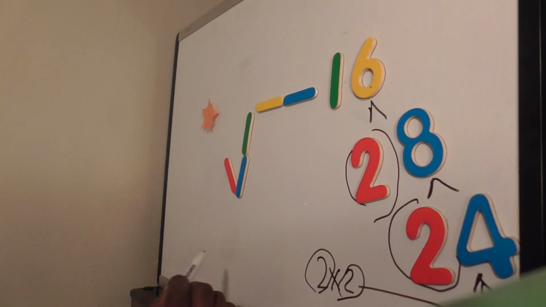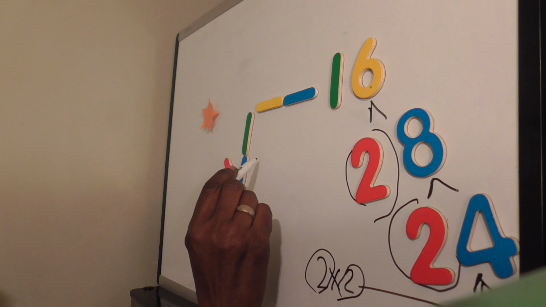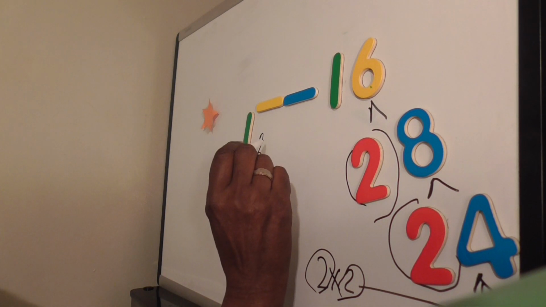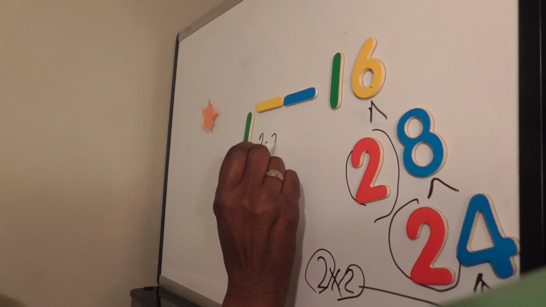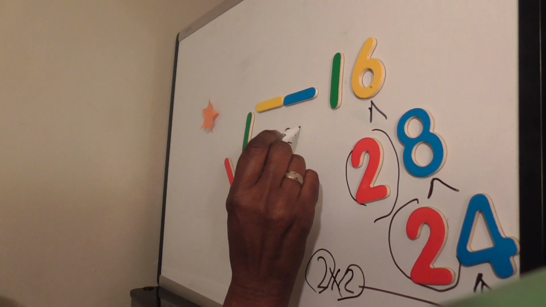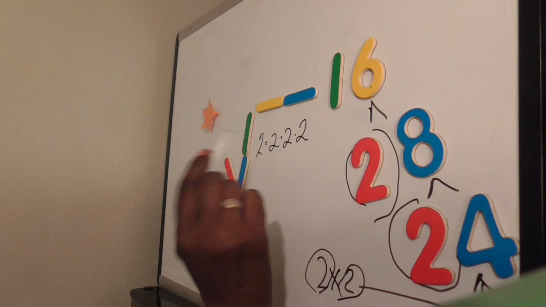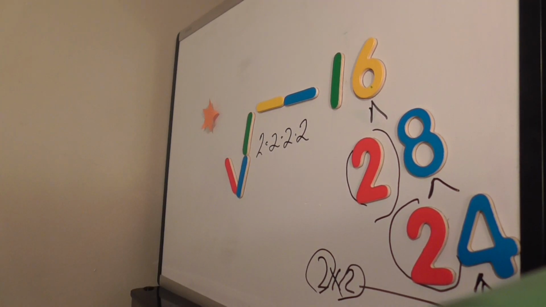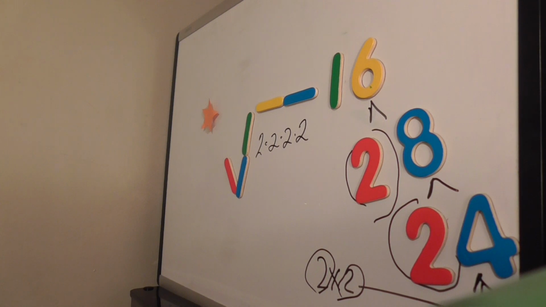We have 4 2's. So what we're going to do with the 4 2's, we're going to put them under the square root sign. Square root of 2 times 2 times 2 times 2. And we're going to find out what is the square root.